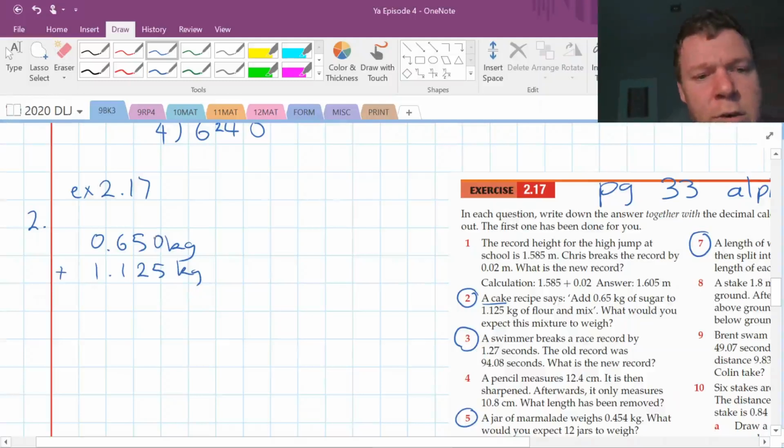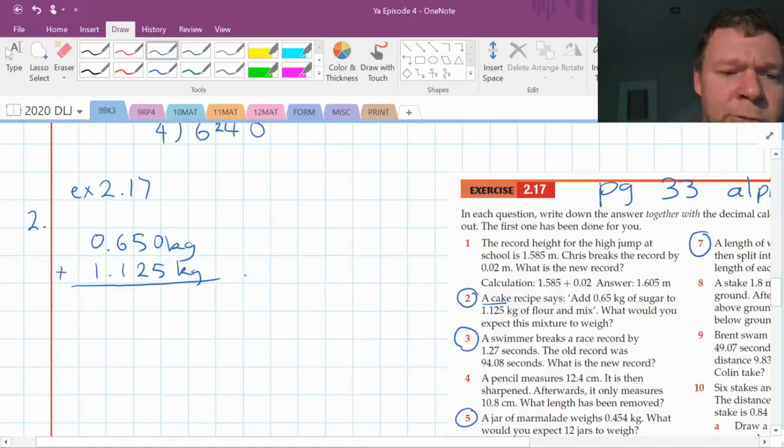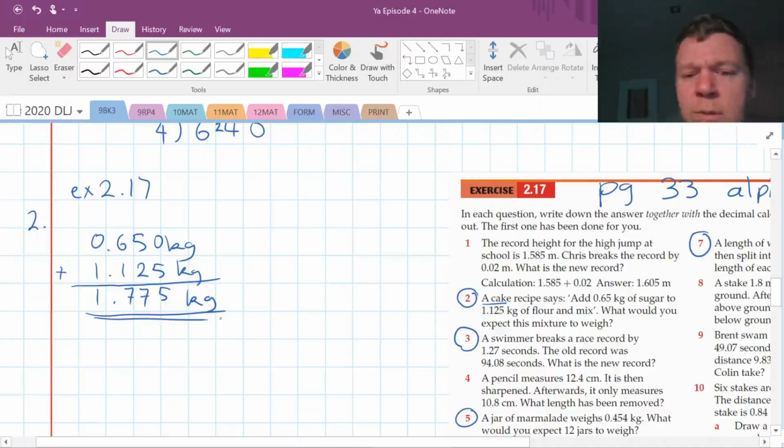We're going to need a 0 in there, and we're just doing our regular math adding algorithm. 5 plus 0 is 5. 5 plus 2 is 7. 6 plus 1 is 7. And 0 plus 1 is 1. So that's what you'd expect for your mixture to weigh.